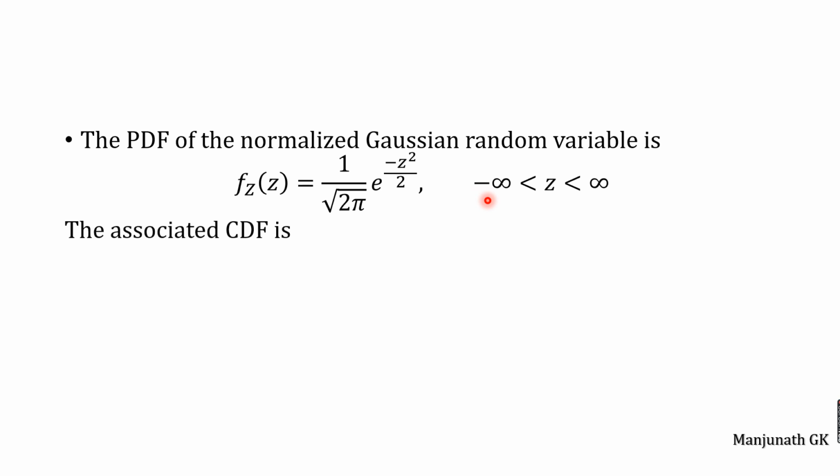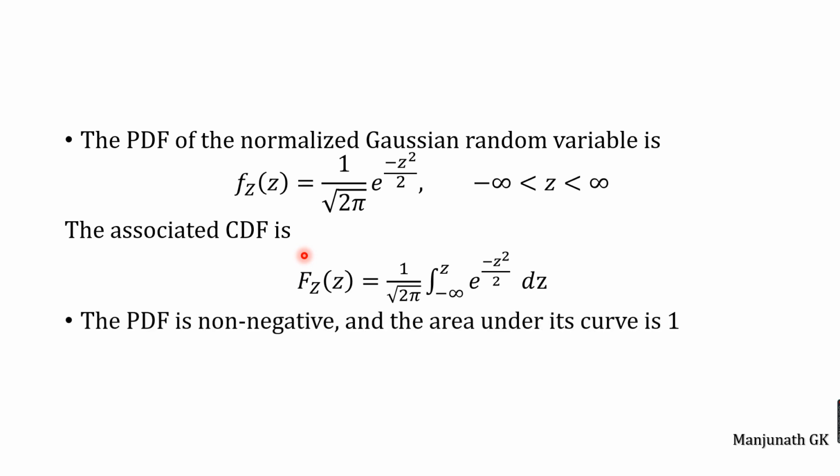The associated cumulative distribution function is given by this equation. So we know the relation between PDF and CDF: the CDF is an integration of the PDF, or else the PDF is a differentiation of the CDF. We know these two.